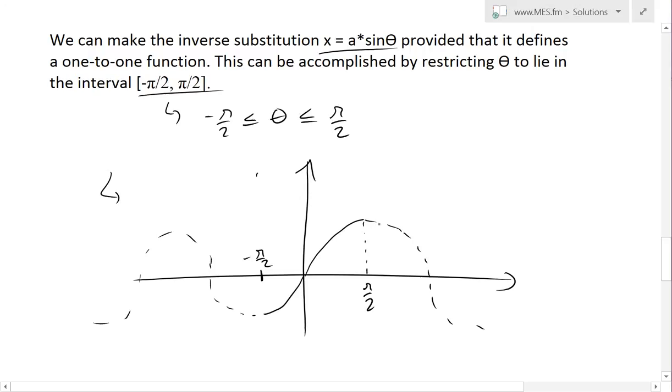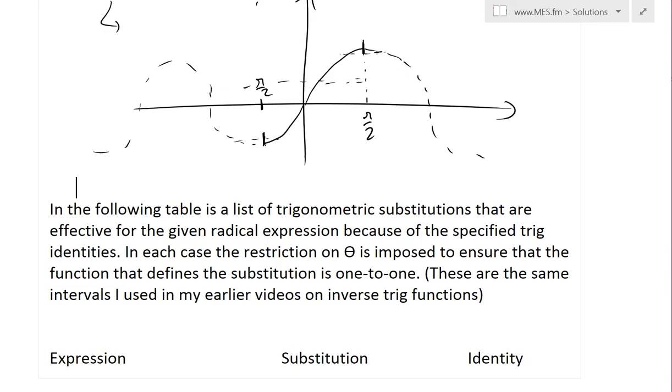If you go past this, you won't have it one-to-one, because you're going to have equal values. So we just separate it so we're only dealing with from here to here, so that they never cross. When you draw a horizontal line using the horizontal line test, it only crosses once. That's what we'll be dealing with when we use this substitution.